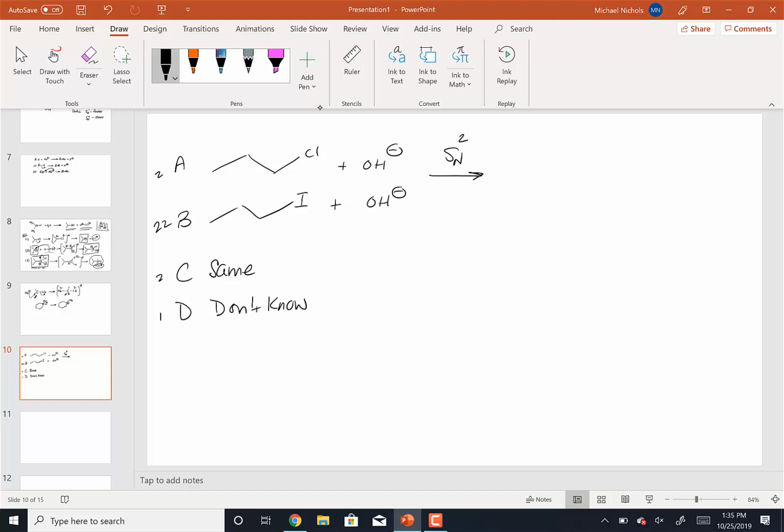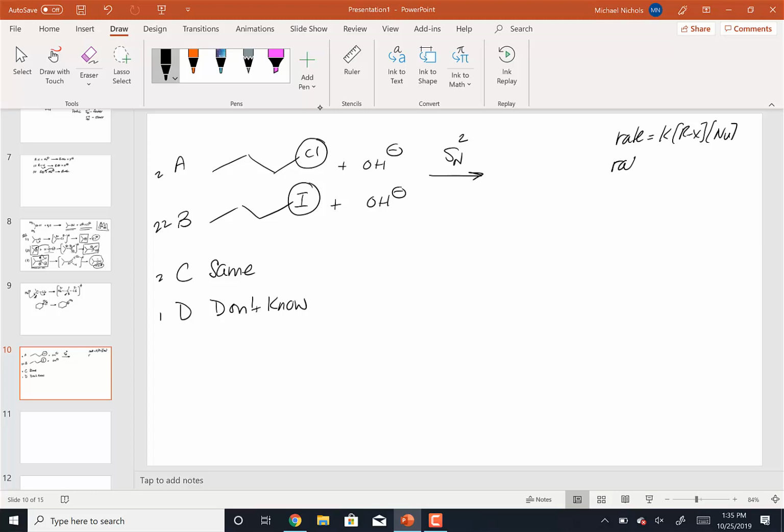Okay, I've got an SN2 mechanism. That's the first question I ask, SN2 mechanism. Second question, what's different about the 2 reactions? Their leaving groups. Third question would be, does leaving group ability play a role in determining the rate? And the answer is yes, because the rate determining step for an SN2 reaction is K times concentration of alkyl halide times concentration of nucleophile, each to the first.